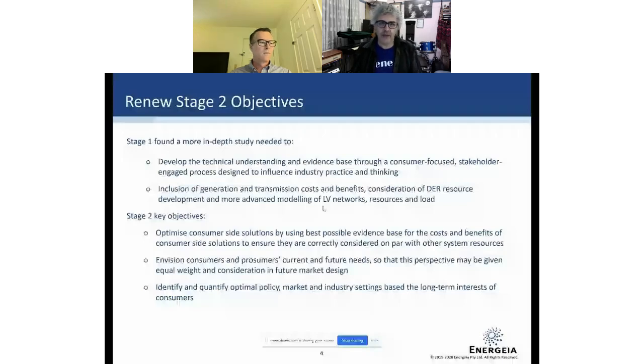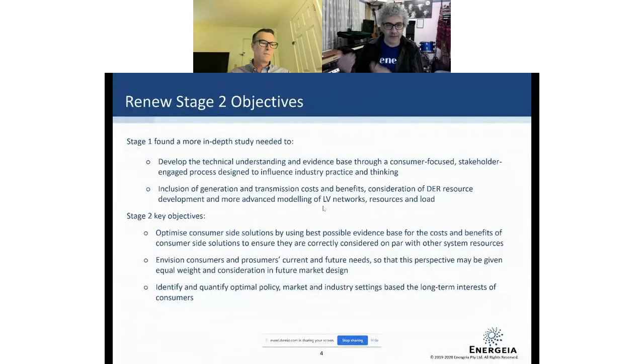One thing we realized from the first project was we really needed to step back and look at the bigger picture, especially given Renew's main aim, which was to turn the system around from a network perspective to a consumer perspective.